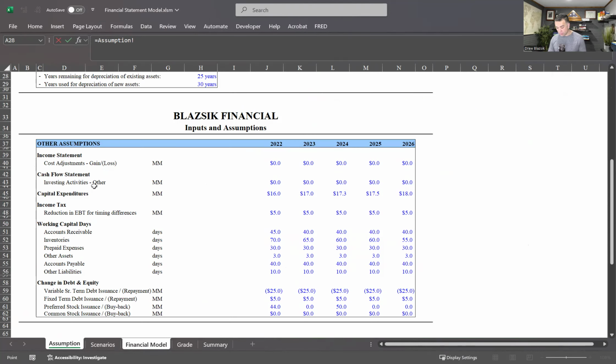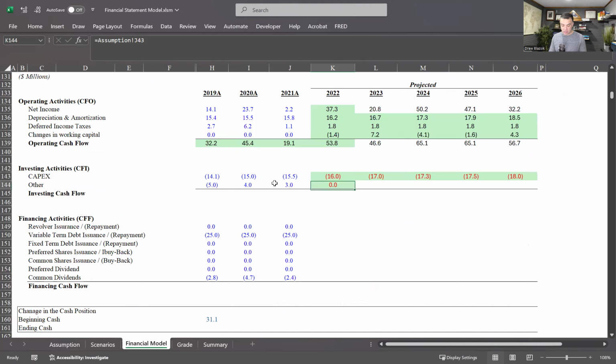This is an assumption we made. Again, if this is not in the case study and you find this on the cash flow statement, you can make your own assumption. You could say our investing activities is $1, if you wanted to, but I'm just going to say 0. And then what we're going to do is sum that up.